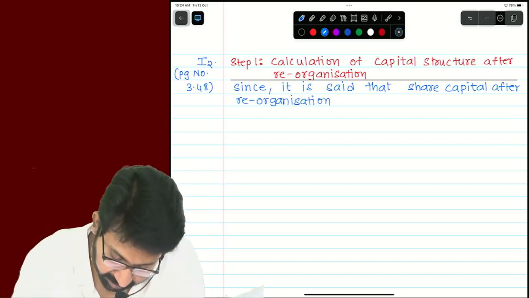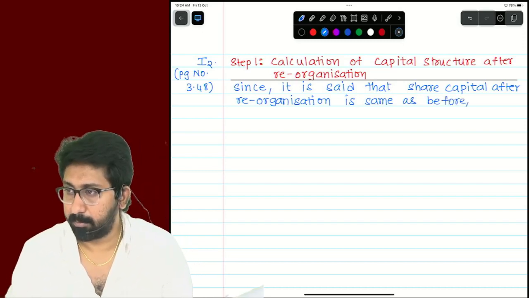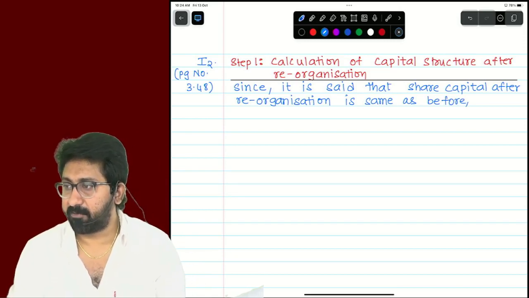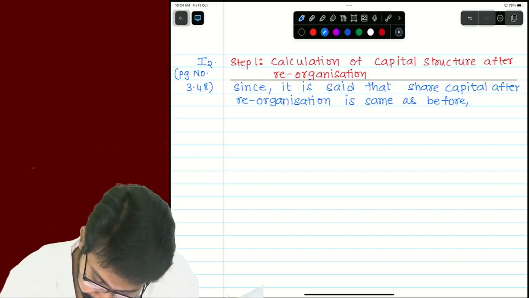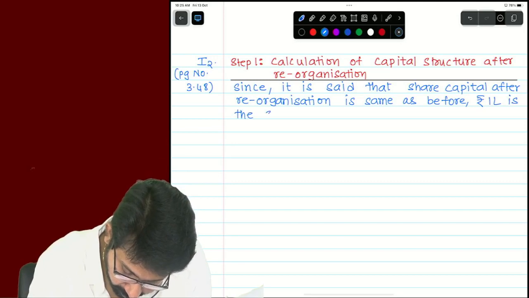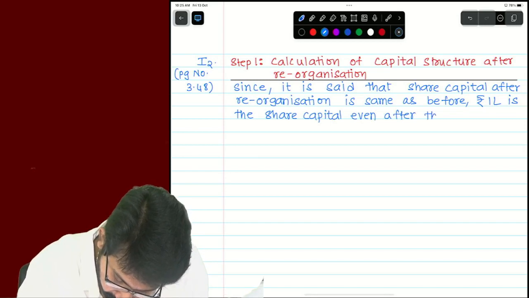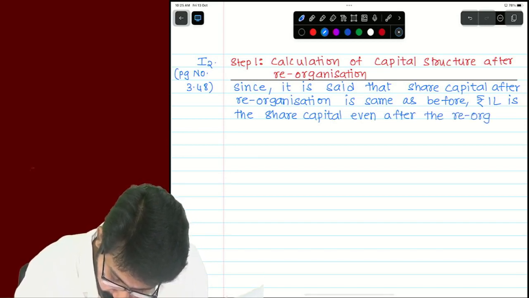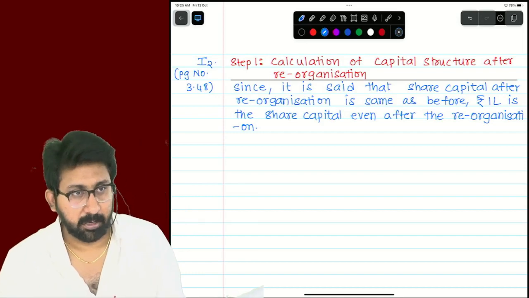Since it is said that share capital after reorganization is same as before, rupees 1 lakh is the share capital even after the reorganization.